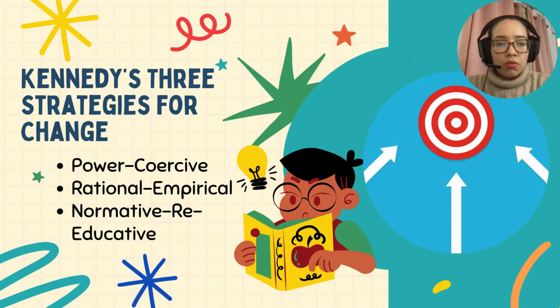The second is the rational-empirical strategy, where people are persuaded through explanations and evidence showing why the change is beneficial. The third is the normative re-educative strategy, where change happens through discussions, participation, and negotiation. Kennedy argues that the most successful change combines all three strategies.